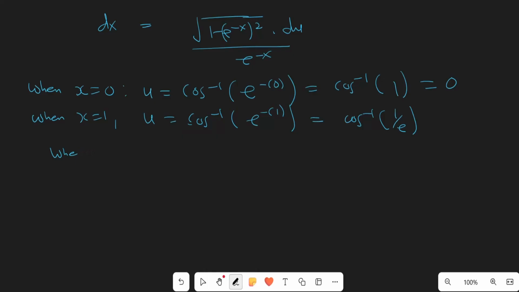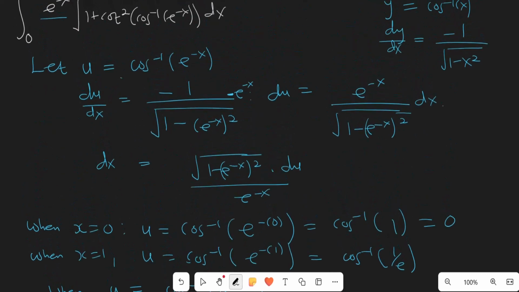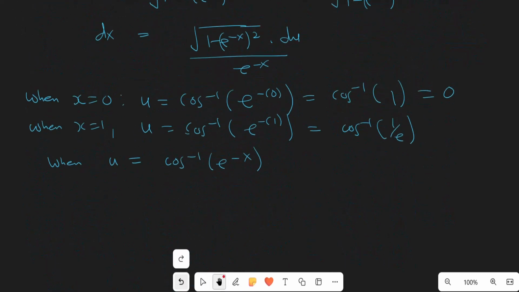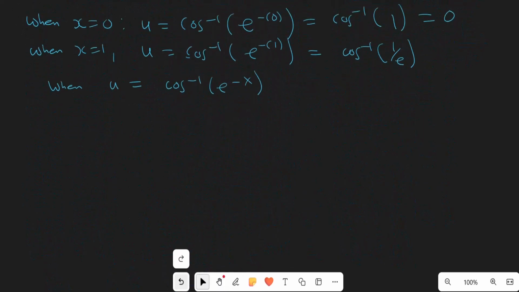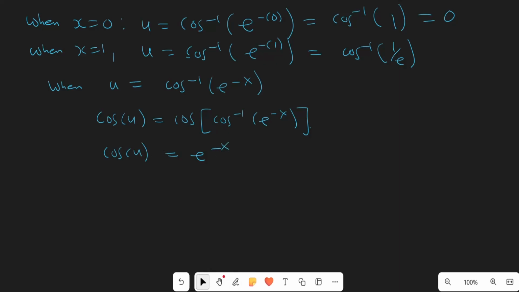When u is equal to cosine inverse of e to the negative x, that was our u, we can take the cosine on both sides. So cosine of u is equal to e to the negative x, since cosine of cosine inverse is just e to the negative x.